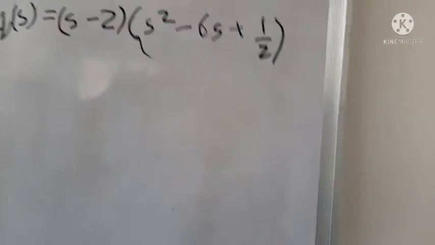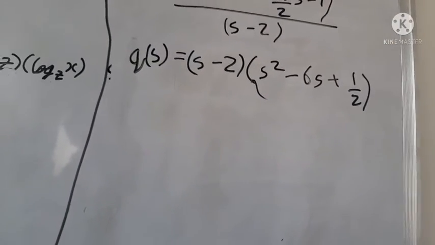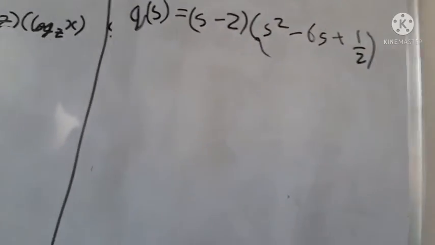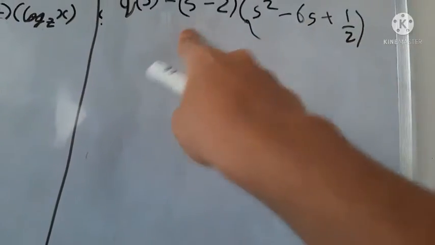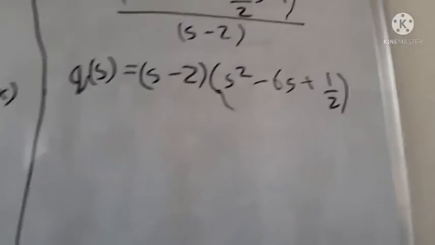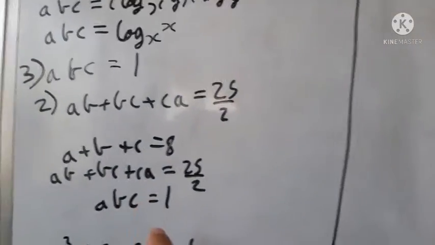Yeah, that's the right form. So now we know that 2 is one of the roots, and remember that a, b and c are also roots, so we need to find all the roots.